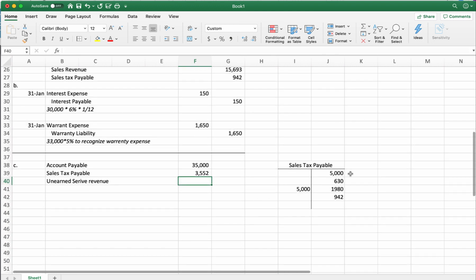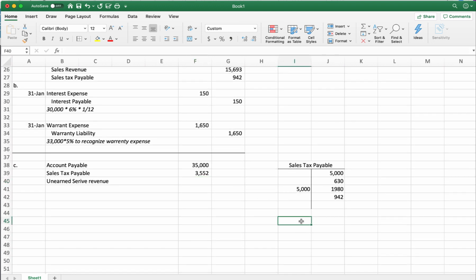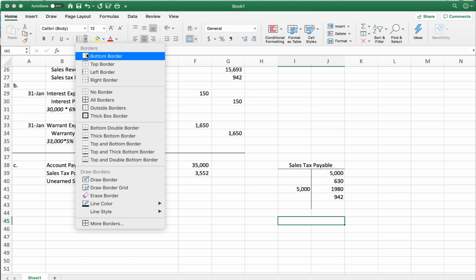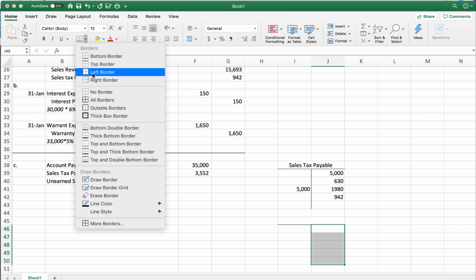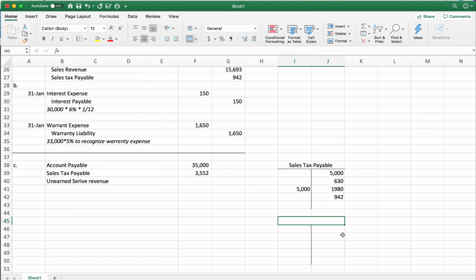And I'm going to do another T account. Bear with me here. Okay, so we now have unearned service revenue. Just going to abbreviate, okay?